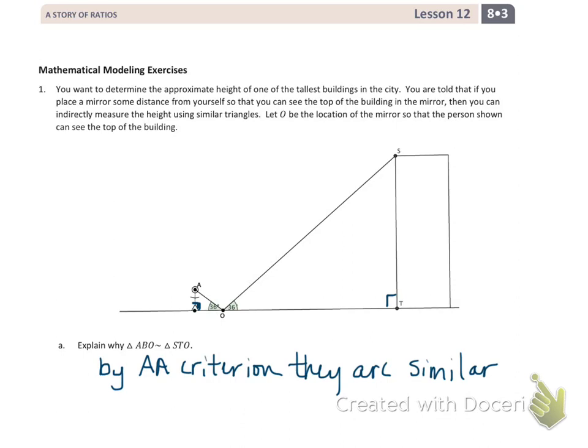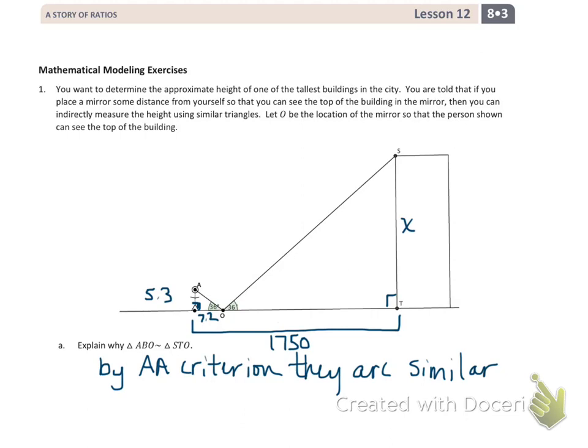Okay, let's look at part B. Part B asks you to label the diagram with the distances given here. So go ahead and work on that, and I will work on it as well. Okay, so here are the values that are given in the problem.